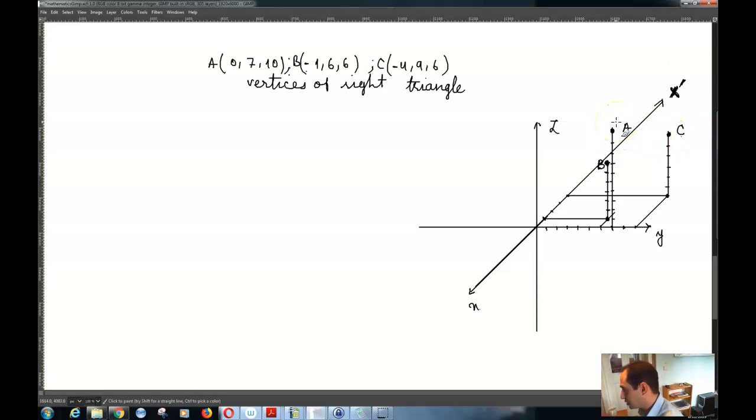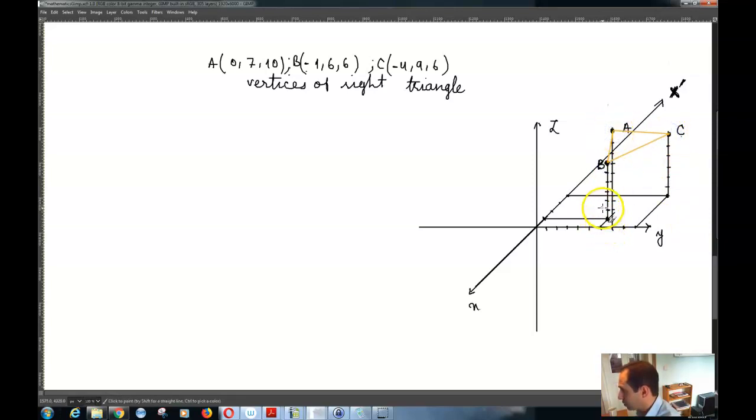But still, I cannot really see it in my mind what it would look like if I connected these points together.